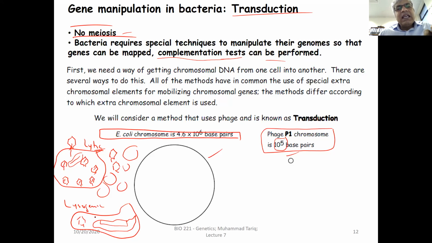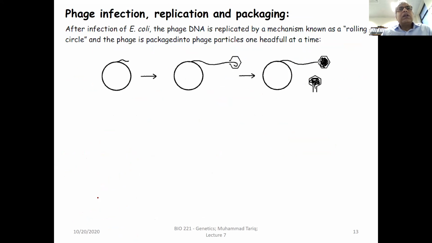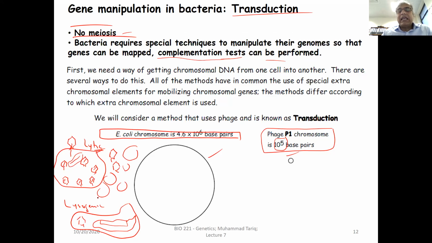But in this case, it does not kill the bacteria. It uses the bacterial genome for its own survival. It doesn't kill, because in this case it knows I'm residing myself within the bacterial genome. If I kill it, my own genome is going to be lost as well.